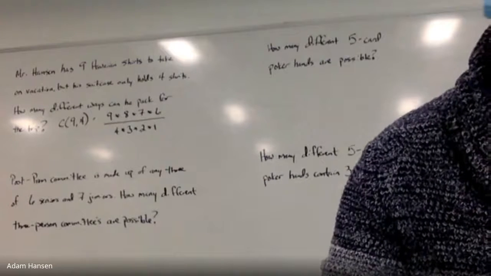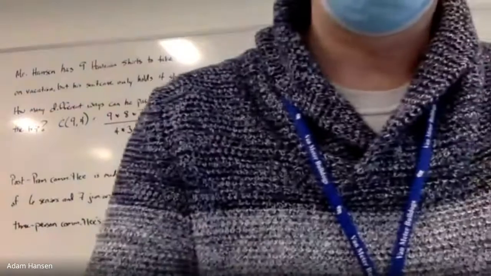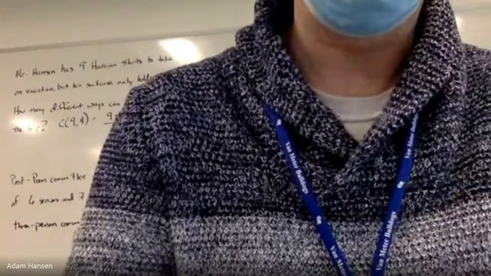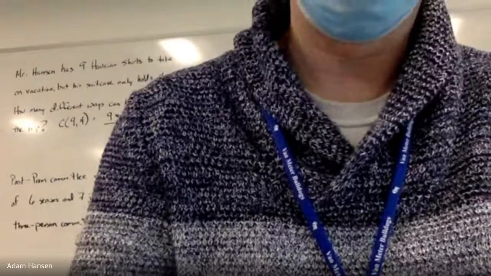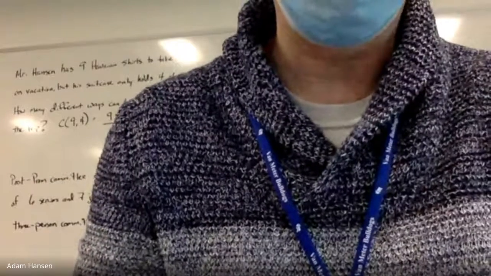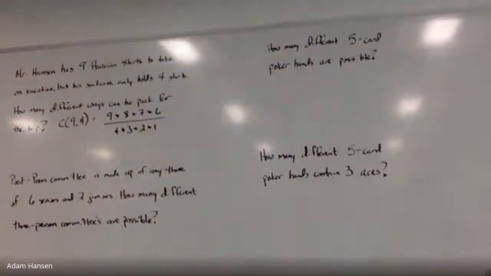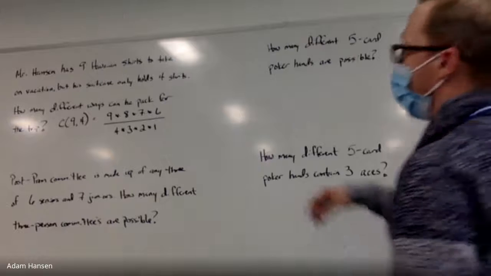So on Desmos, let's set this up. 9 times 8 times 7 times 6 divided by 4 factorial. So there's 126 different ways for me to pack the suitcase.